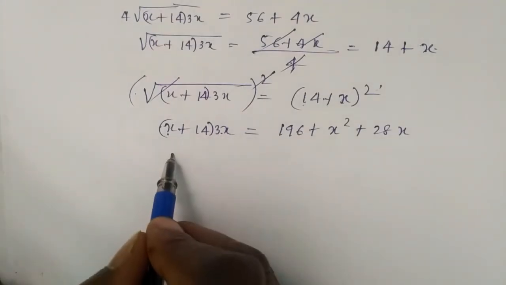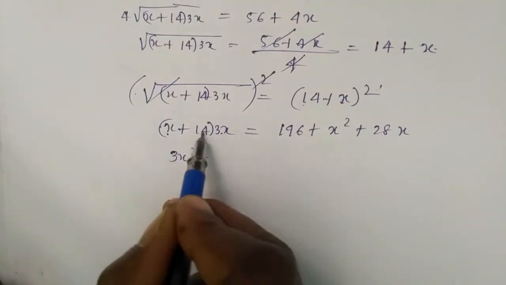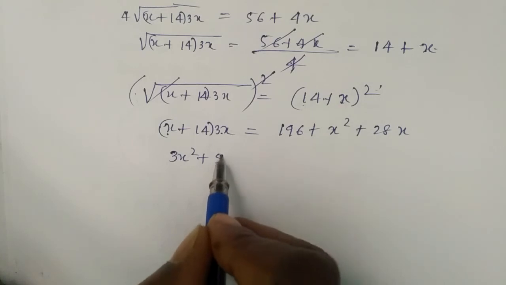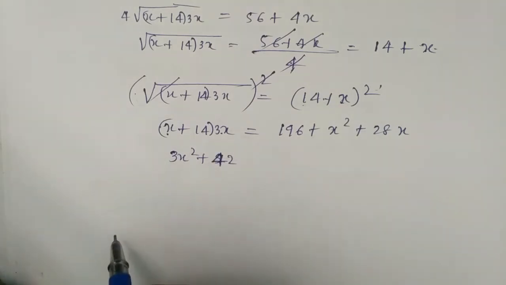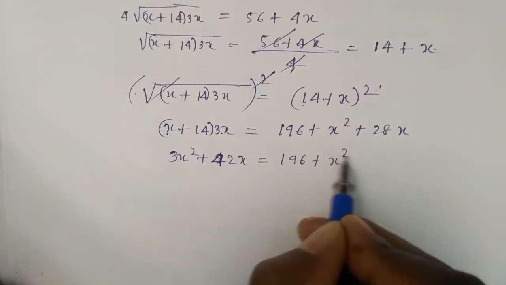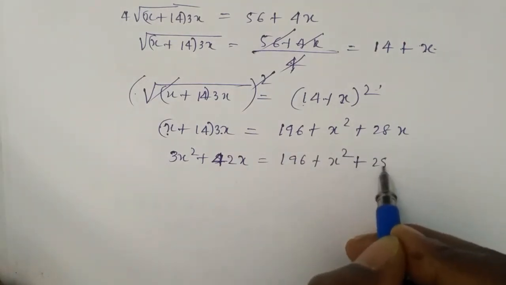Now 3x into x is 3x square, plus 14 threes are 42x. So 3x square plus 42x equals 196 plus x square plus 28x.